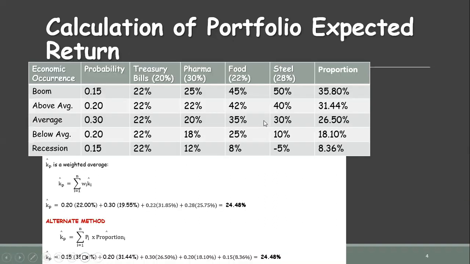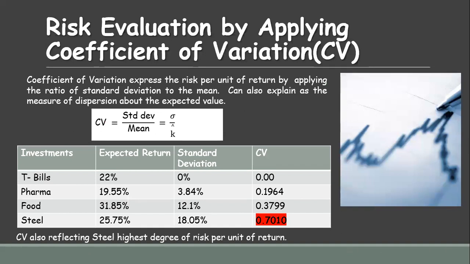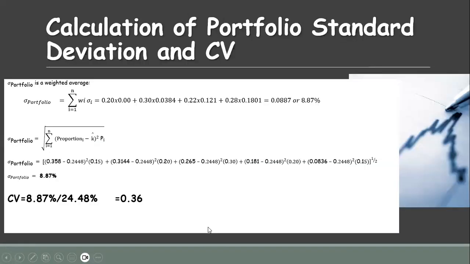Now just move backward. Here we have the figures for the standard deviation. For trading bank, it's 0. For pharma, it's 3.84. For food, it's 12.1. And for steel, it's 18.05.